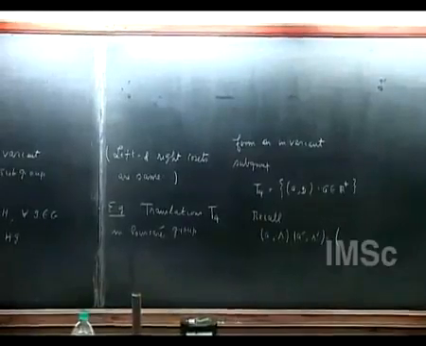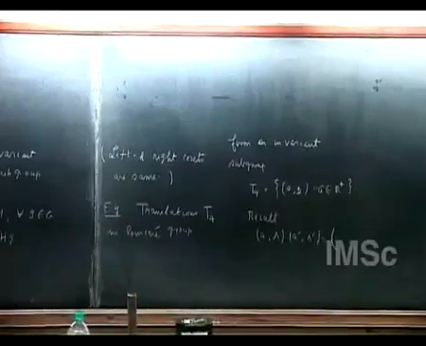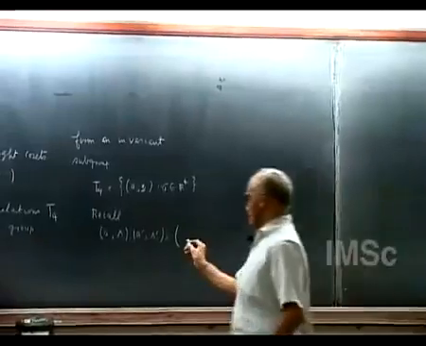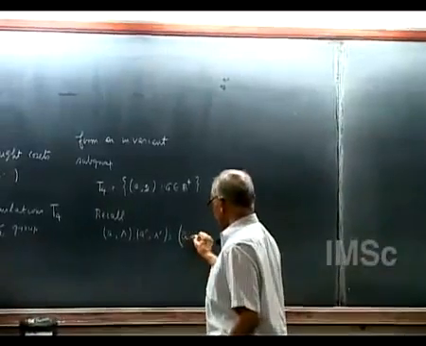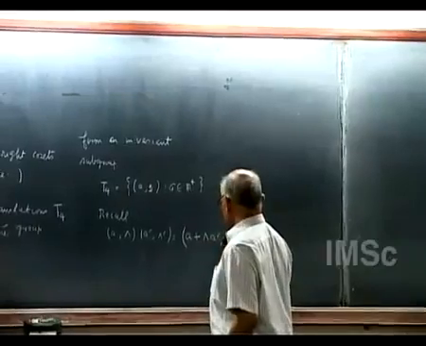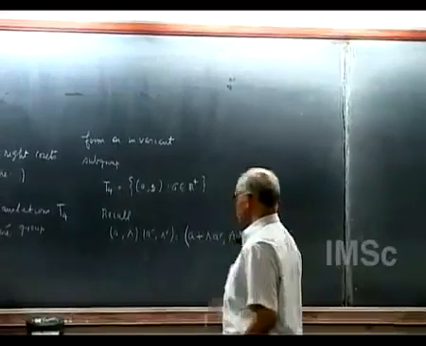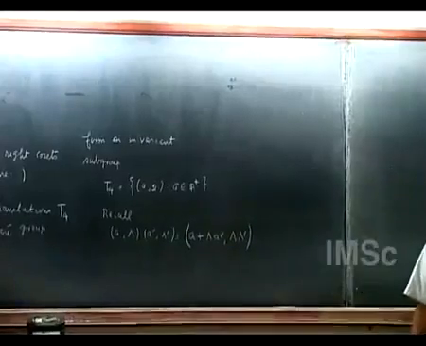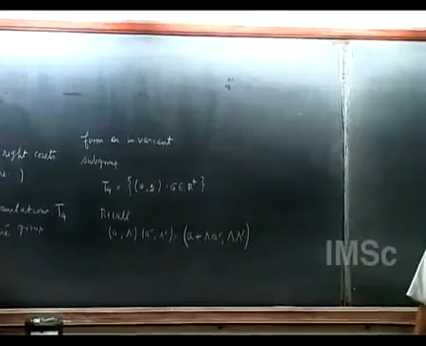It is worth your while to go through the notes, otherwise very soon you will lose me completely. So, this is of the form (a plus lambda a prime, lambda lambda prime). This is the rule of multiplication we got.